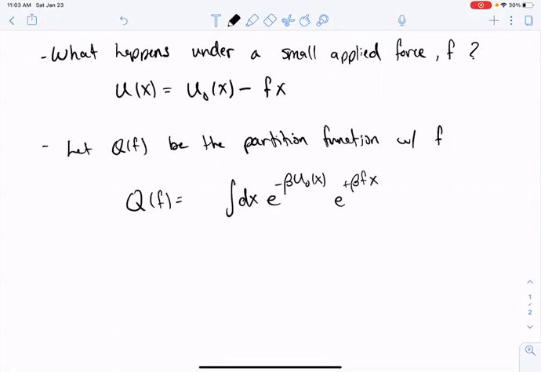Now let's do the same trick we did with the harmonic oscillator. Let's multiply by 1 in such a way that we multiply top and bottom by the partition function, Q, in the absence of the force.